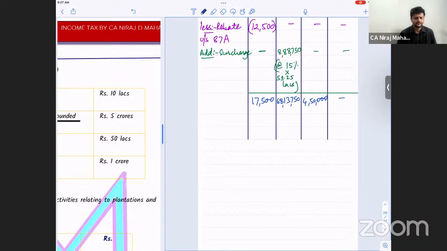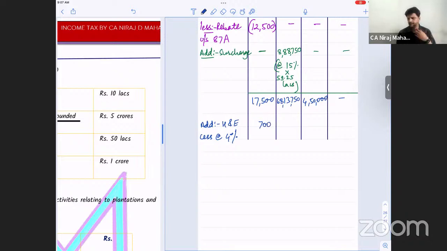Now what do we do? Health and education cess at the rate of 4%. Okay, everybody? This 700, I think.